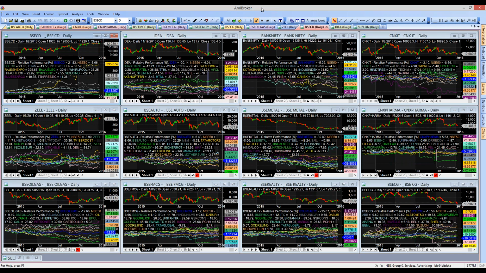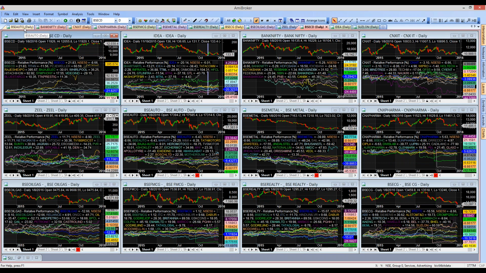This is a lot of clutter, I know, but I've created 12 relative performance charts of all the major sectors that we study.